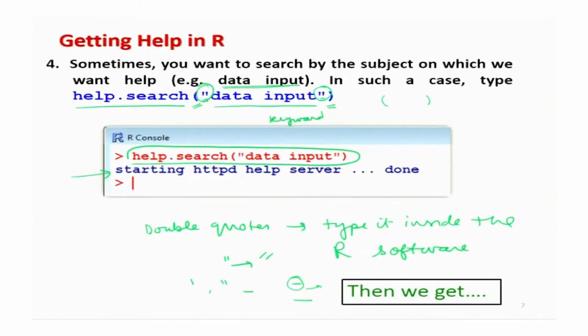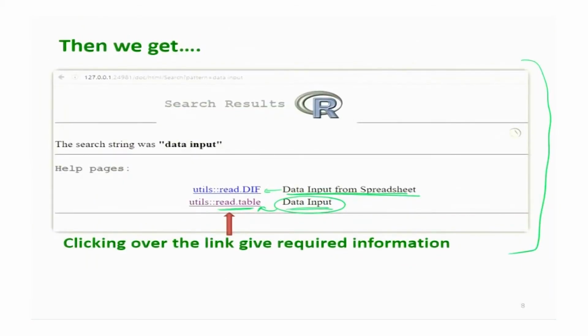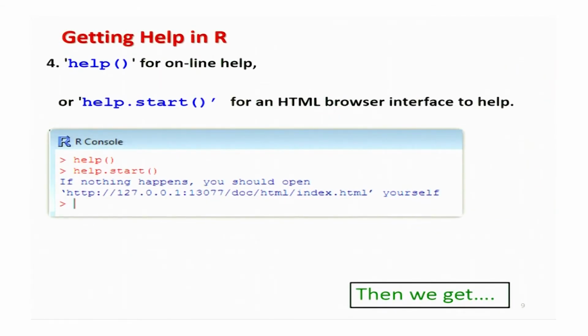The only thing is this: you should have a wish and a will to learn the course. Another option is this: if you don't know anything and want to start from scratch, you can simply type help and parentheses, or you can type help dot start and parentheses.